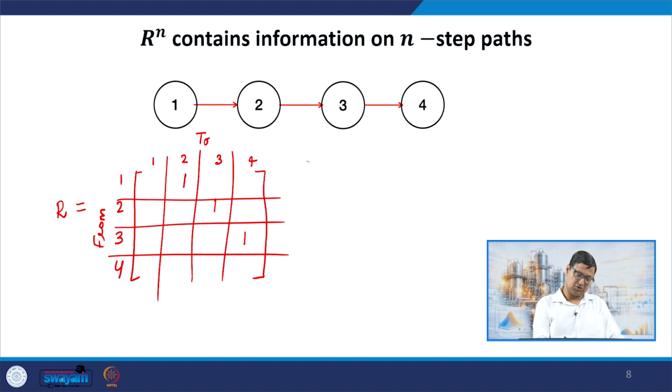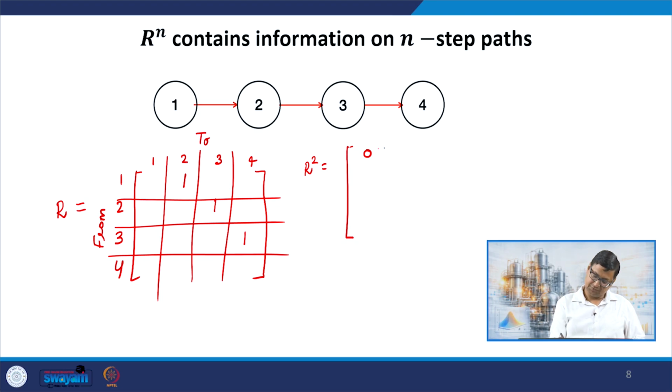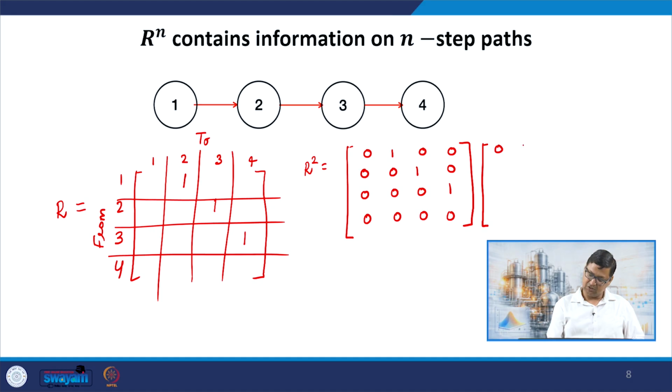Now, let me compute R square. So, R square is going to look like 0, 1, 0, 0, 0, 0, 1, 0, 0, 0, 0, 1, and 0, 0, 0, 0 multiplied by itself, that is 0, 1, 0, 0, 0, 0, 1, 0, 0, 0, 0, 1, and 0, 0, 0, 0.